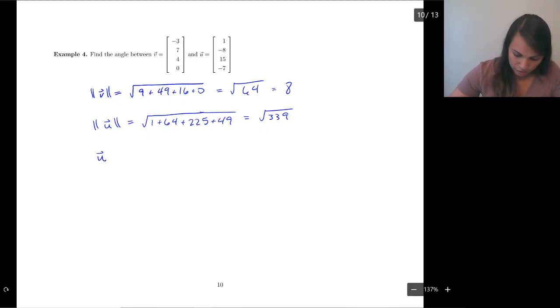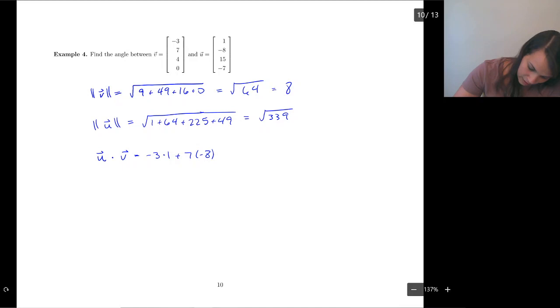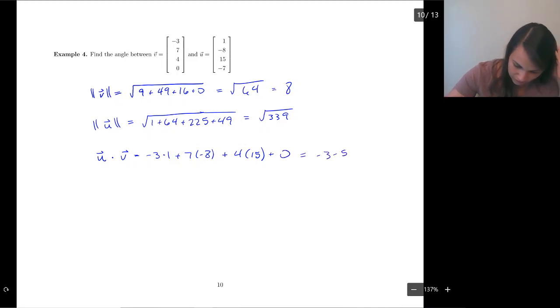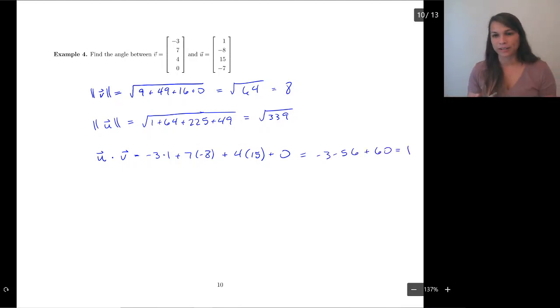So then we've got u dot v. That's going to be -3 times 1 plus 7 times -8 plus 4 times 15 plus 0. Okay, so that's -3 minus 56 plus 60, which is 1, which worked out really nicely.